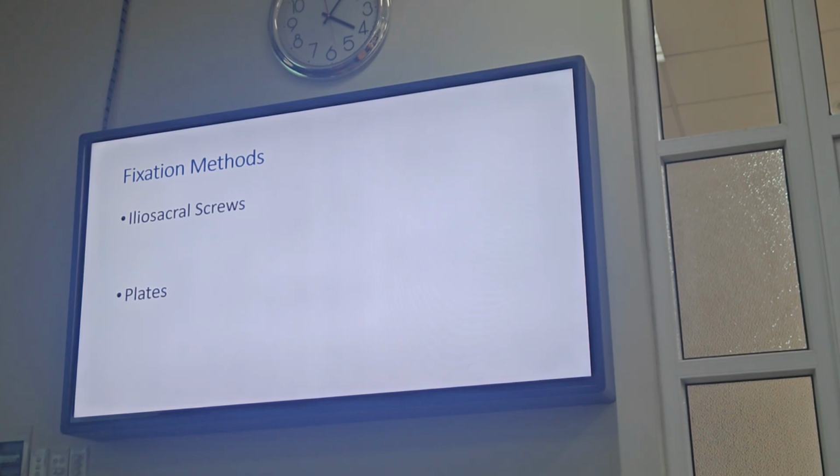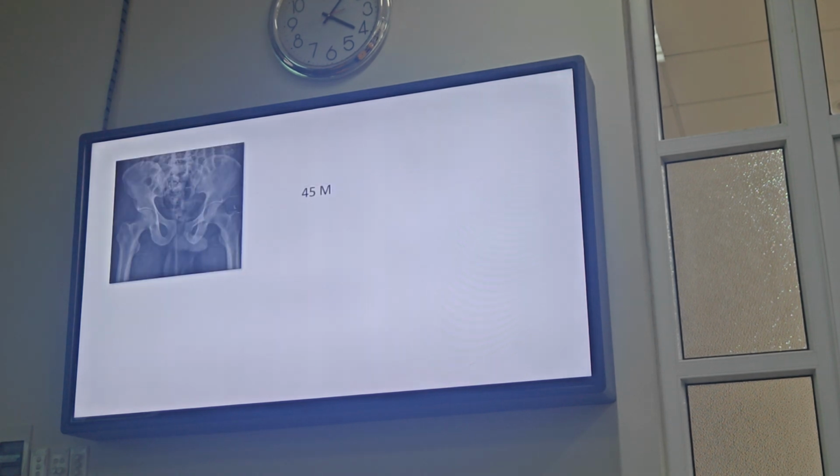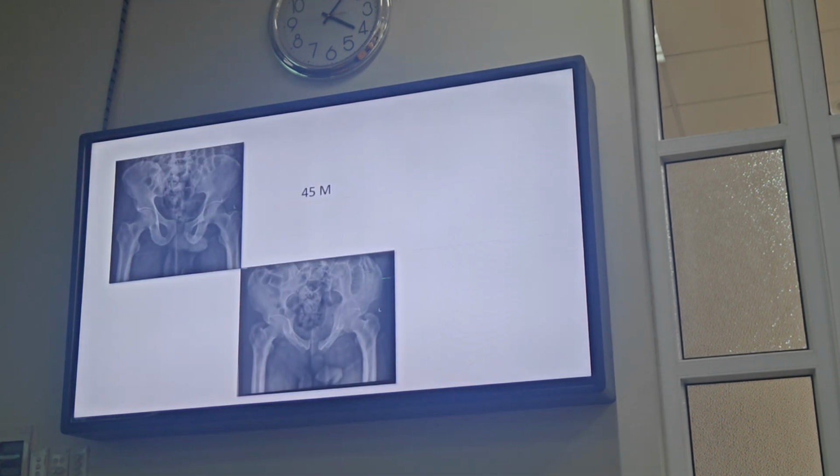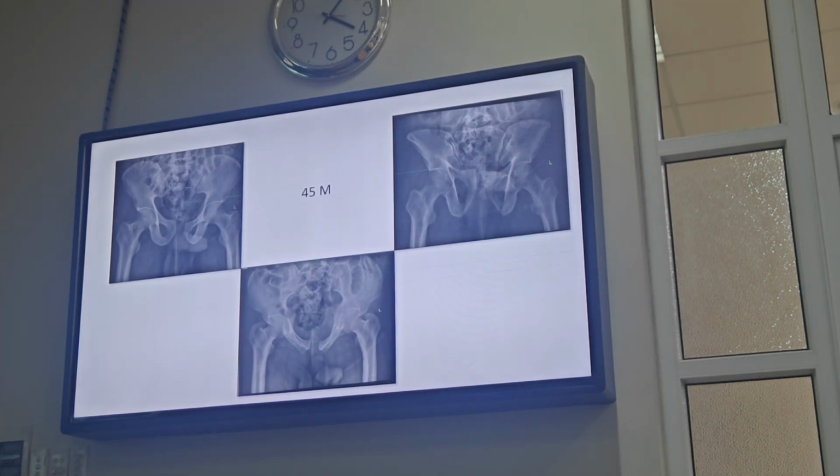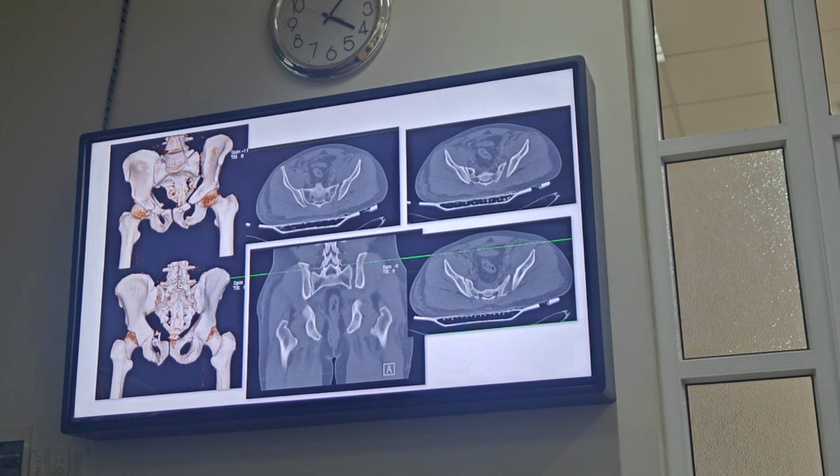For both vertical shear and SI joint injuries, the treatment involves two methods: the iliosacral screw and the SI joint plates, which I showed you. Now this is a case which I showed there. You can see the SI joint is opened up and it has pubic rami fractures also.